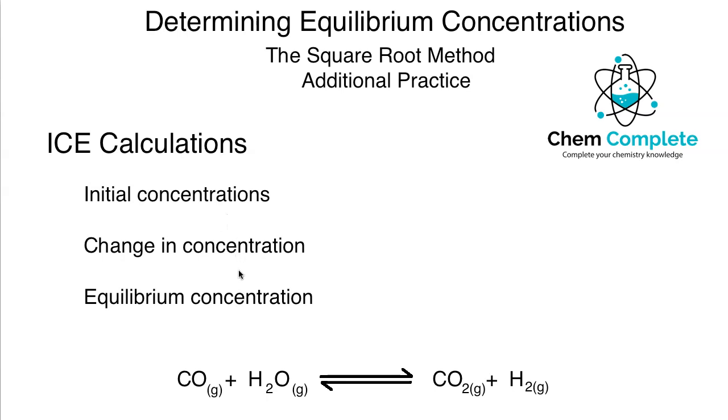There's the change in concentration, which we will represent using a generic X placeholder as we are headed towards equilibrium. And then obviously there's the actual equilibrium concentration itself for all of the different chemical species. And that's usually the goal of most of these problems. You want to determine the equilibrium concentration based on the initial concentrations and the information given in the problem.